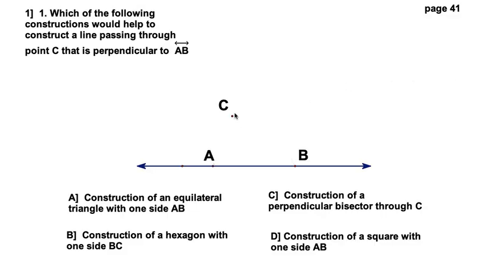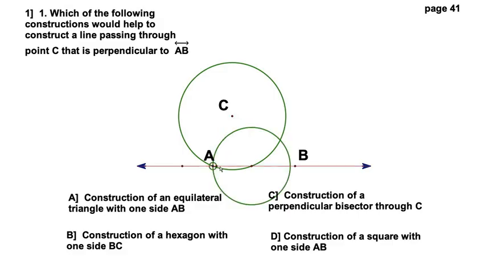The only thing that makes sense is our good old construction. We're going to start with our needle on C and swing a random arc. We could swing it to A or to any random point, and then effectively we're making the perpendicular bisector construction from here. You see how that goes.